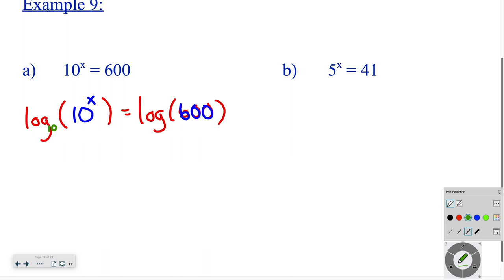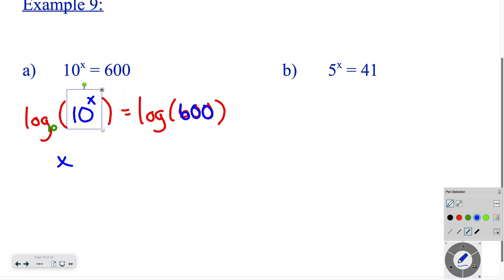It's just understood that it's in base 10. So you're looking at the inverse operation that we learned yesterday right now. Log of 10 to the x, the base of the logarithm right here, 10, is the same as the base of the argument. And whenever you have that, then that's an inverse operation, and you're just simply left with the exponent. So in this case, the left side of this entire equation simplifies to just x.